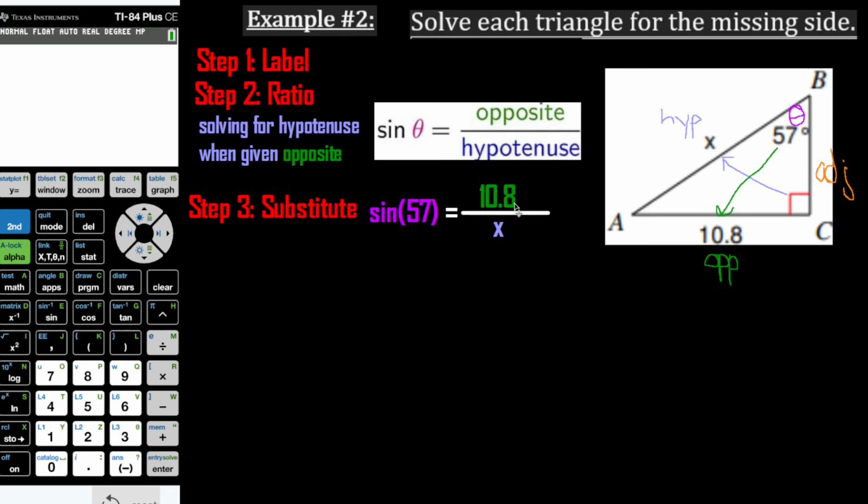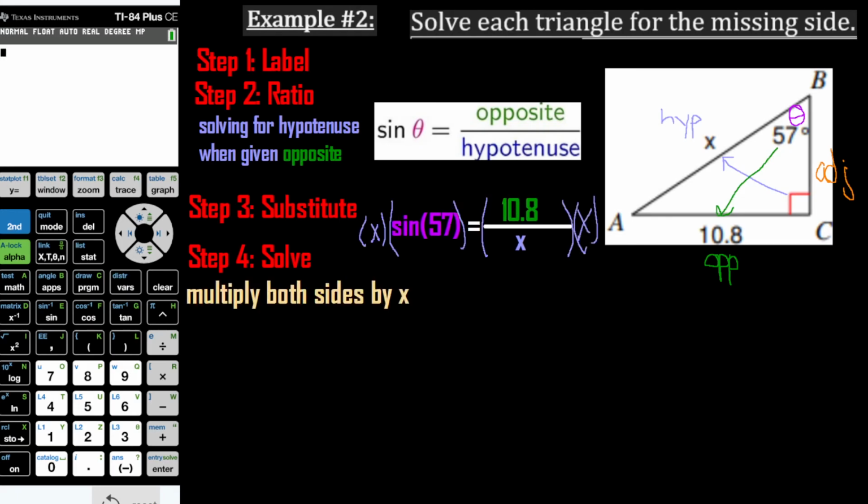I'm trying to get the x by itself, but I need to make sure it's in the numerator so that it's easier to solve. So what I'm going to do first, I'm going to multiply both sides by x, because I'm trying to get x equals a value. Since it's in the denominator it's a little bit trickier, but that's okay, because we can set it up like this.